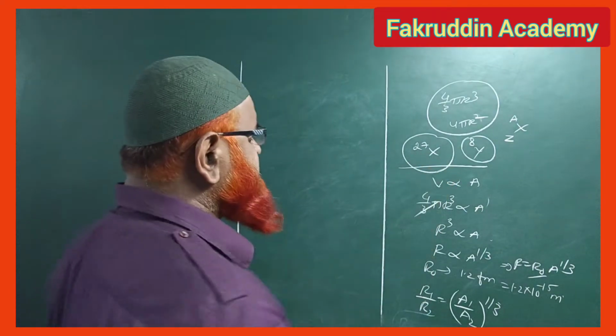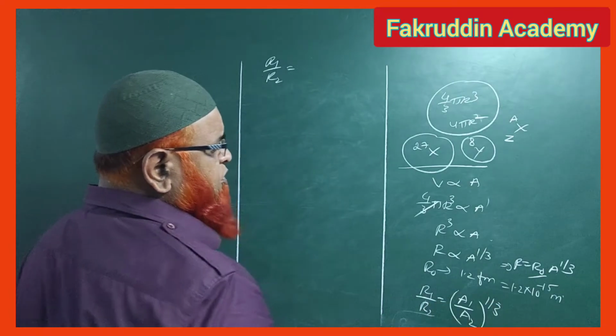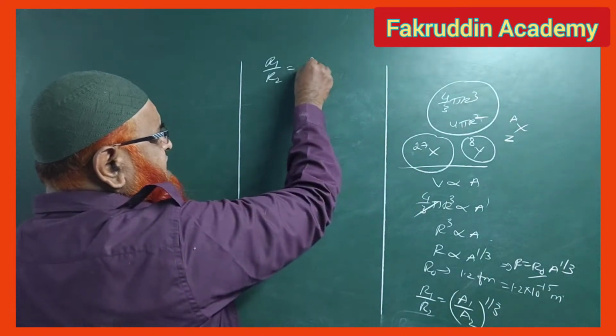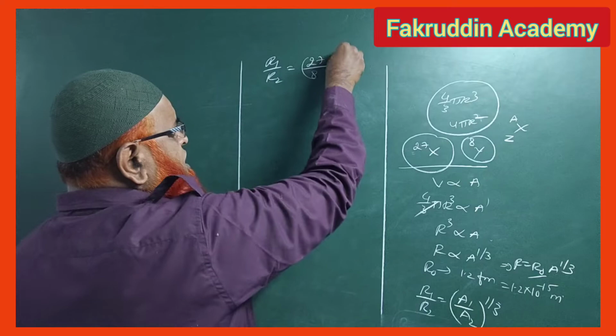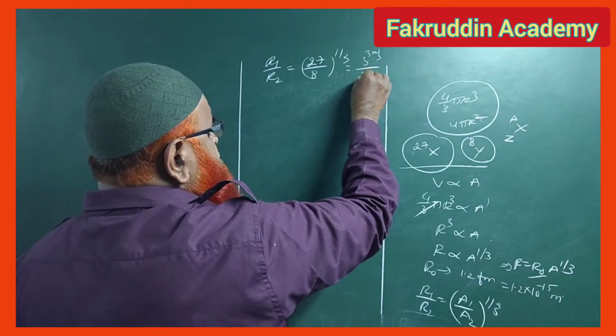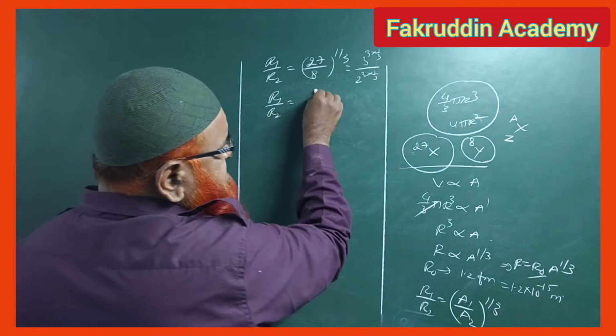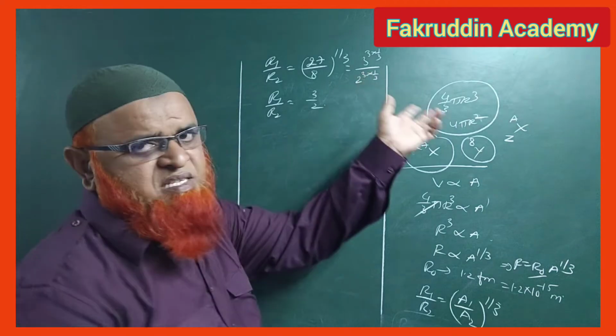It's very simple: r1 by r2 is equal to A1 by A2 whole power of 1 by 3, where A1 is 27 and A2 is 8, which is nothing but 3 cube power of 1 by 3 divided by 2 cube power of 1 by 3. Then the ratio of radius is 3 by 2, because the cube and the power 1 by 3 cancel.